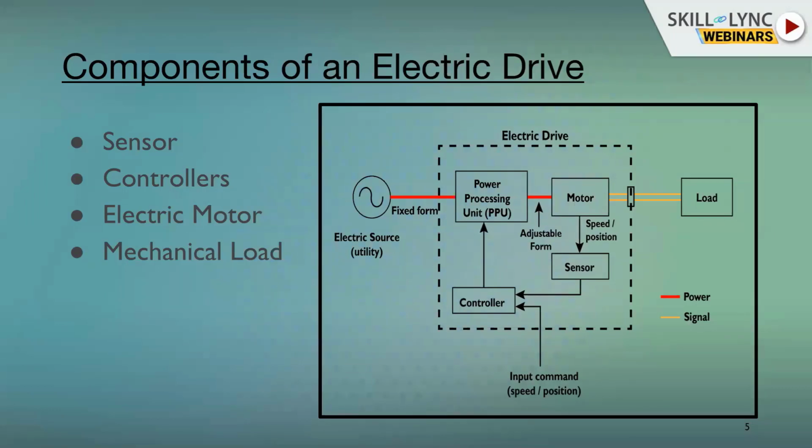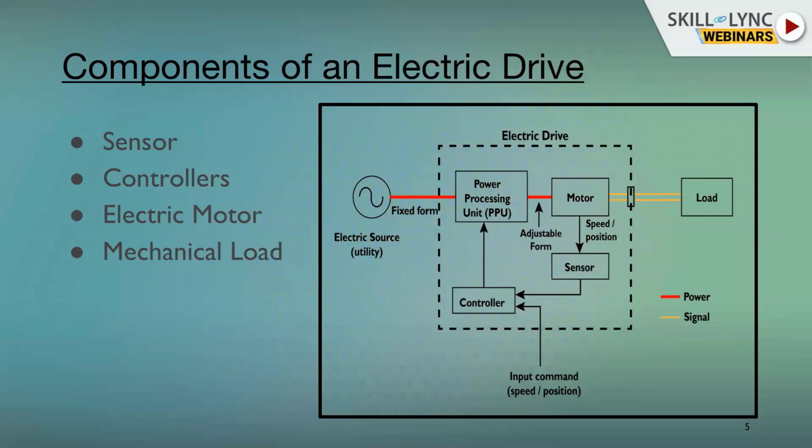But in order to control the motor, you need a brain, which is the controller. The controller is taking feedback from the sensors, which are all connected to the motor and also sometimes to the load also.